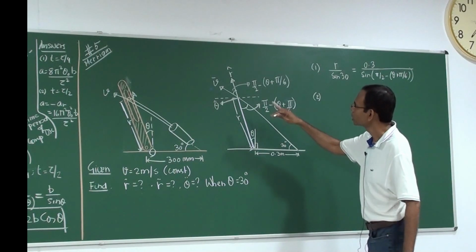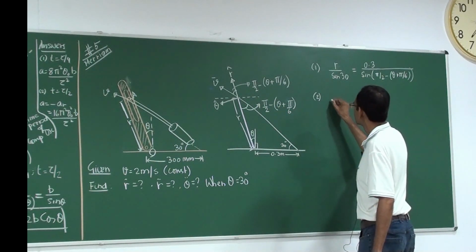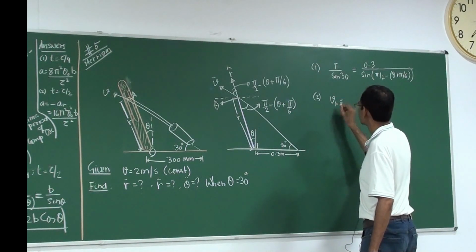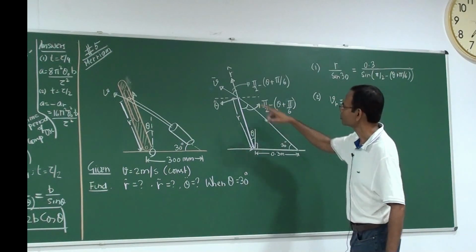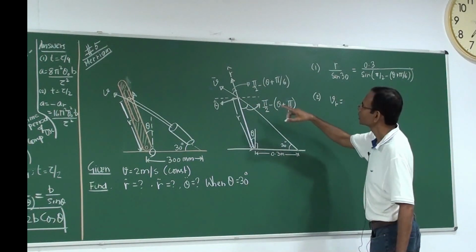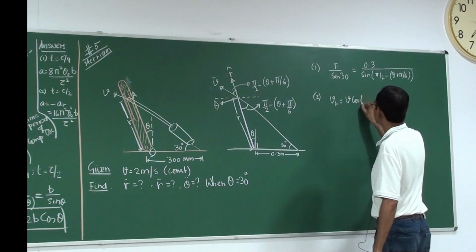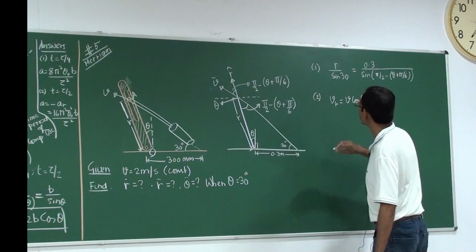Now, I can write V of R. What is your V of R? Here it is V cos pi by 2 minus this.